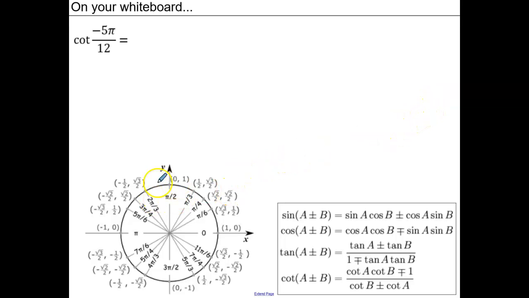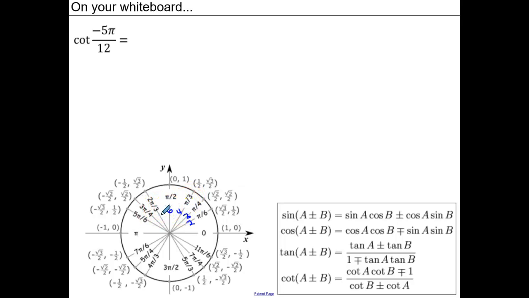So looking at the special angles on our unit circle, we're going to change these denominators to 12s since the denominator in the problem here is a 12. So pi over 6 would be 2 pi over 12, pi over 4, 3 pi over 12, pi over 3, 4 pi over 12, and so on.